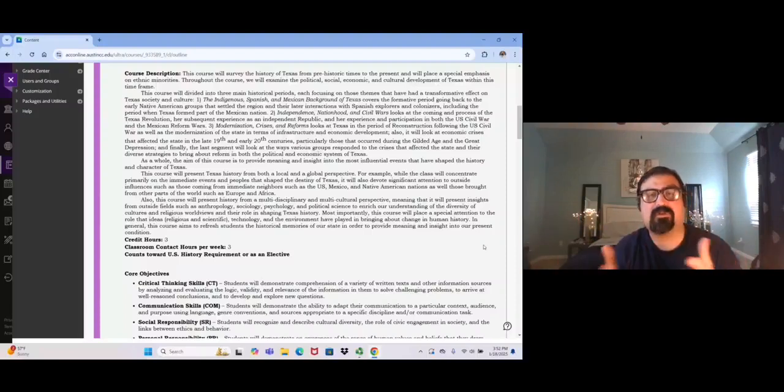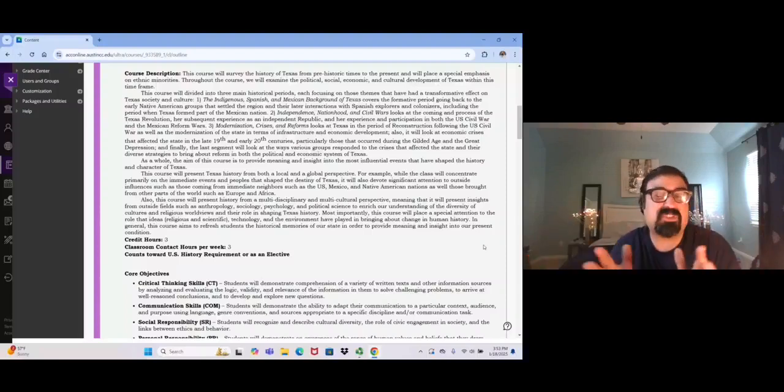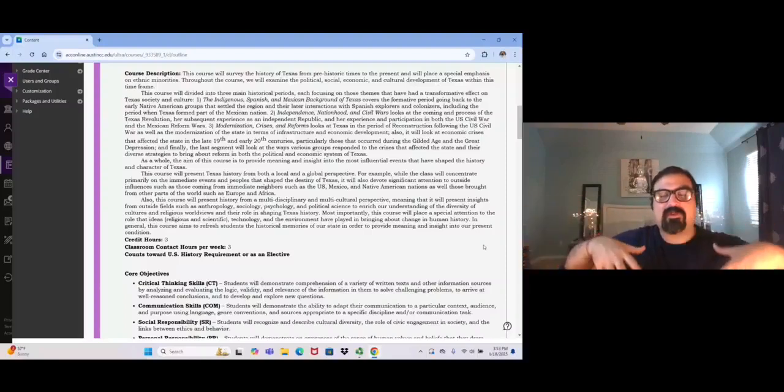There were certain parties, certain leaders, particularly Sam Houston, who advised not to secede from the United States. But unfortunately for Sam Houston and others, the secessionists won the day and they separated from the United States.